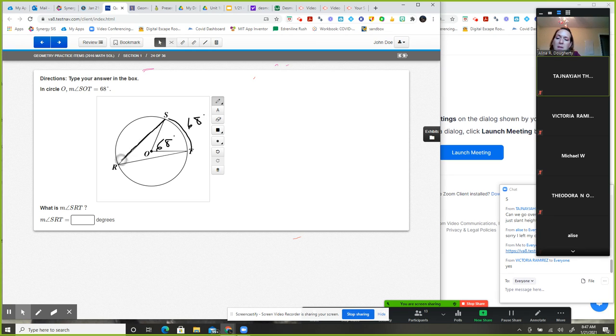And in the last one, this angle was small and the arc was big. So what did we have to do to the big arc to make it the small thing? Two smalls equal one big. So 68 divided by 2 equals 34. So SRT is going to be 34 degrees.